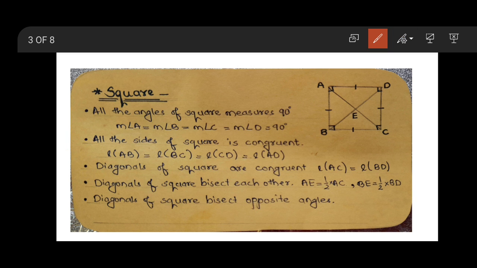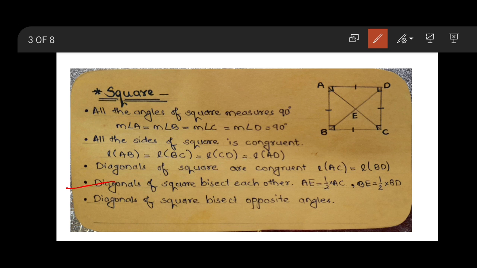The next property is about diagonals. Diagonals of a square are congruent. Here in the figure, AC and BD are diagonals and the lengths of AC and BD are equal, congruent. The next is, diagonals of a square bisect each other.